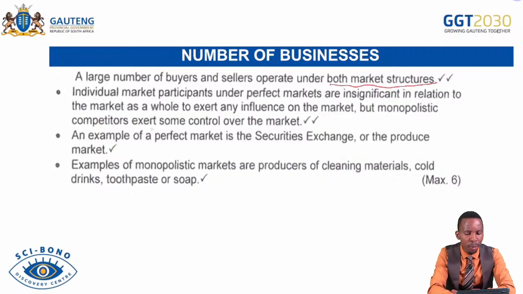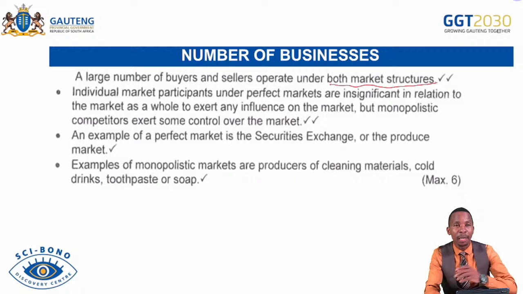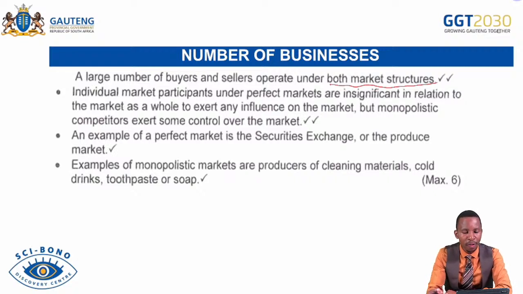But the monopolistic competitors exert some control over the market. So under the perfect market, firms do not have any control, but under monopolistic competition, they have that slight control over the market. An example of the perfect market is the security exchange or the produce market. And examples of monopolistic competition are cleaning materials, cold drinks, toothpaste, soap, etc.